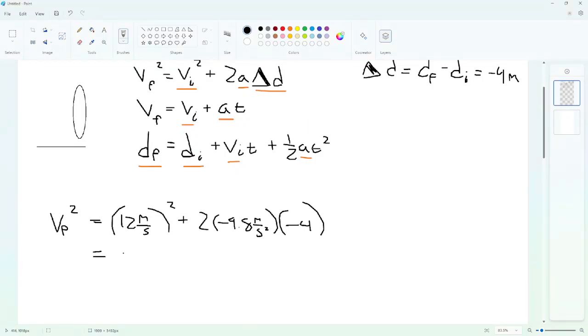This is all equal to 222.4, and the square root of that gives the final velocity, which is 14.913 meters per second.